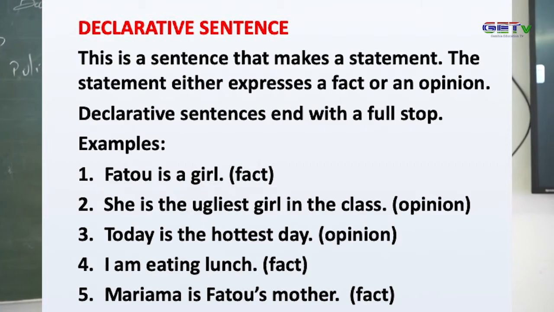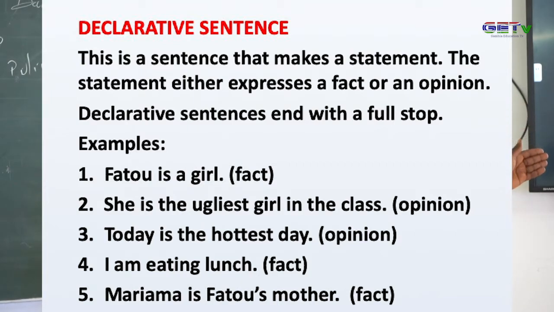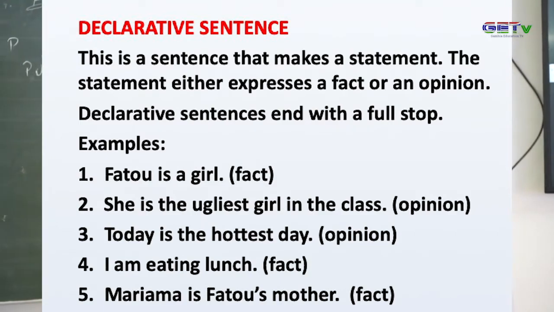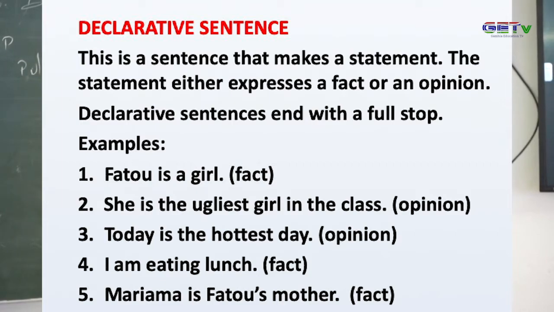Fatu is a girl. It ends with a full stop, and of course, it's a statement which is factual. Example 2, she is the ugliest girl in the class. Opinion.